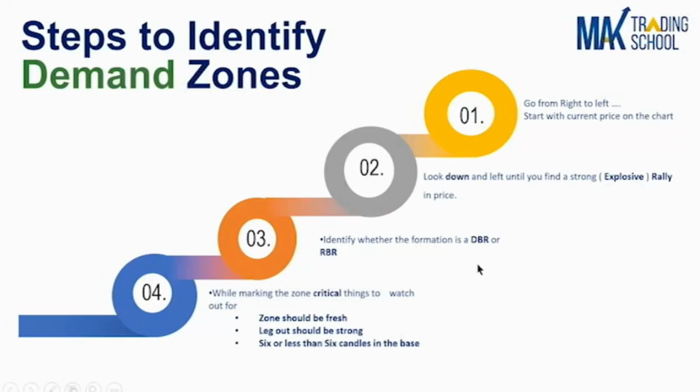So let's look at quality check number 2 and 3. First we'll look at number of candles in the base. We are having a drop, that is the leg in, and there is a leg out. Don't count the leg in and the leg out. In between the leg in and leg out, how many narrow range candles are there?